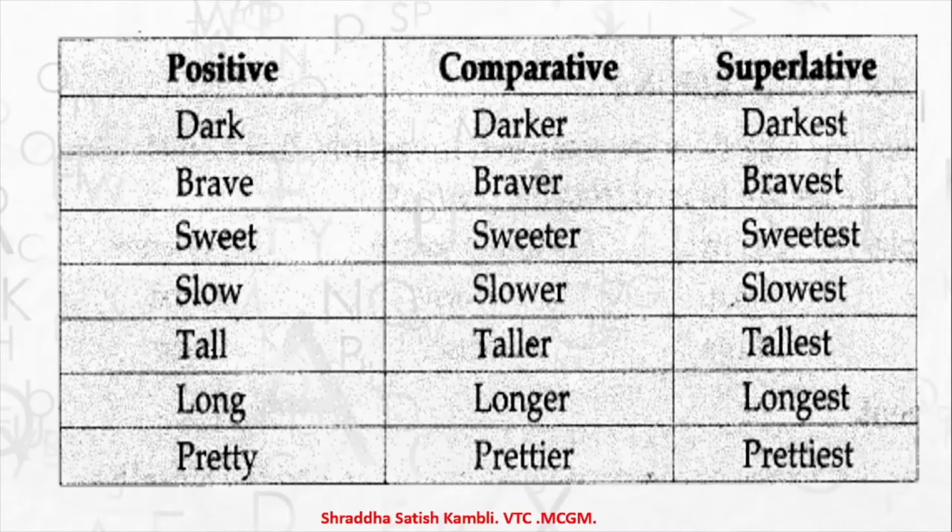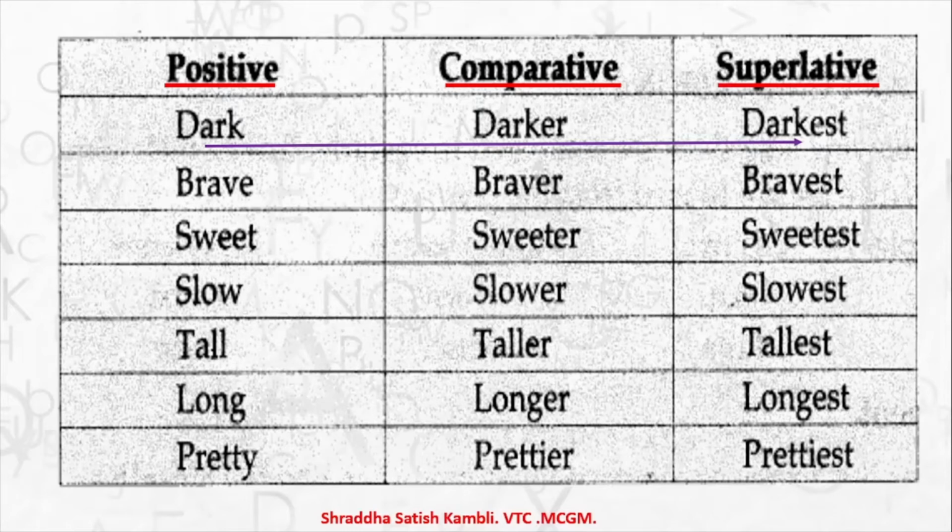So see, now we have the positive degree here, the comparative degree here, and the superlative degree here. So let's see the examples and read them one by one. So you have dark, darker, darkest. I want you to observe how the words are changing, and then we will point out what the differences are.